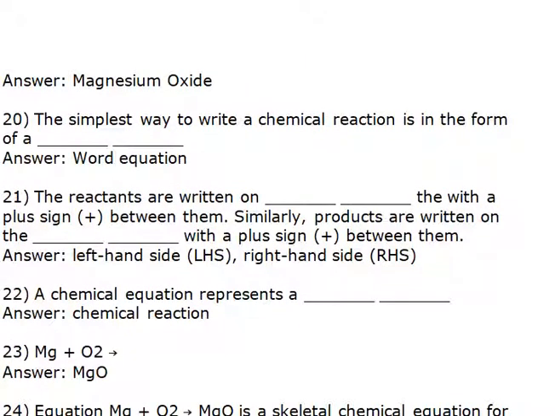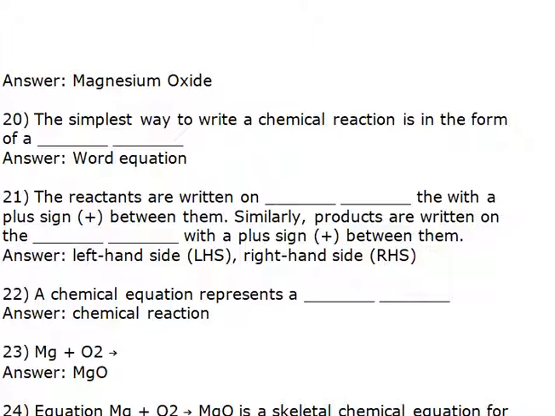Question number 20. The simplest way to write a chemical reaction is in the form of a dash dash. Answer word equation. The simplest way to write a chemical reaction is in the form of a word equation. Question number 21. The reactants are written on dash and dash with the plus sign between them.